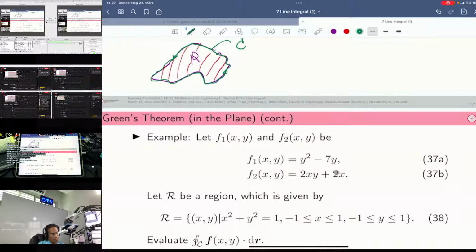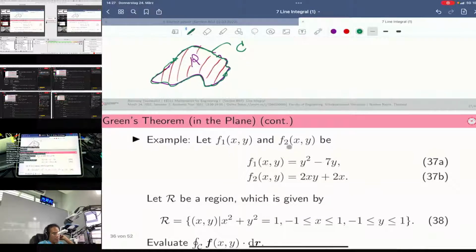Suppose f1 and f2 are something like this: y squared minus 7y and 2xy plus 2x. And we have the region like this, x squared plus y squared equal to 1.